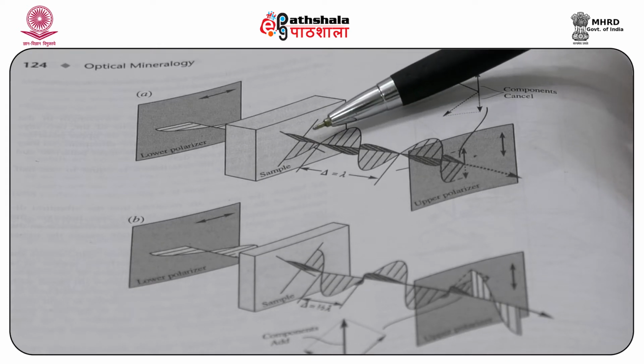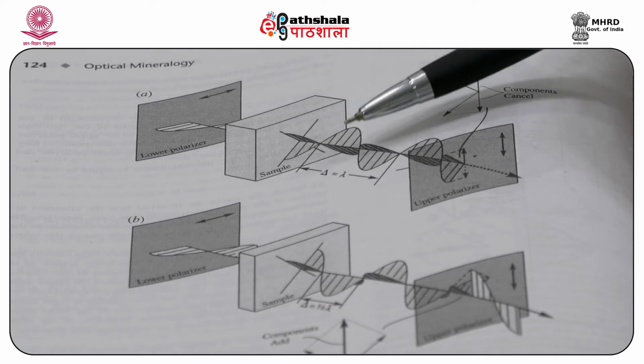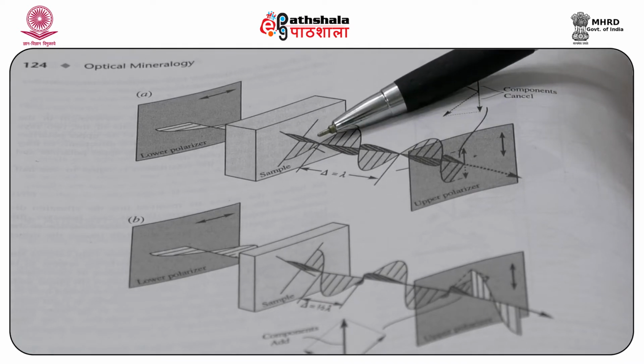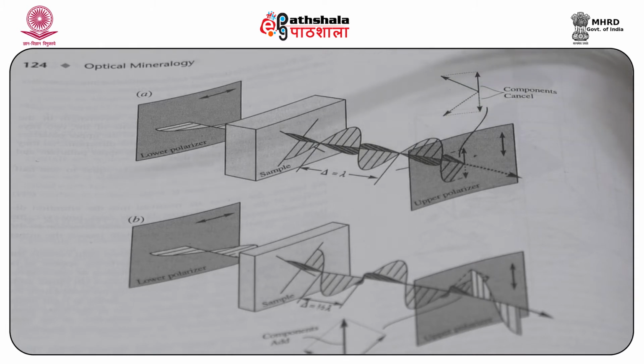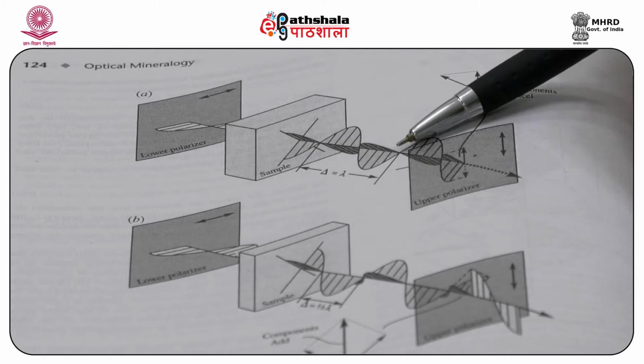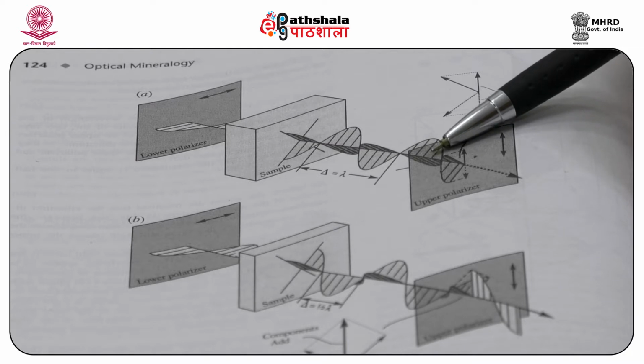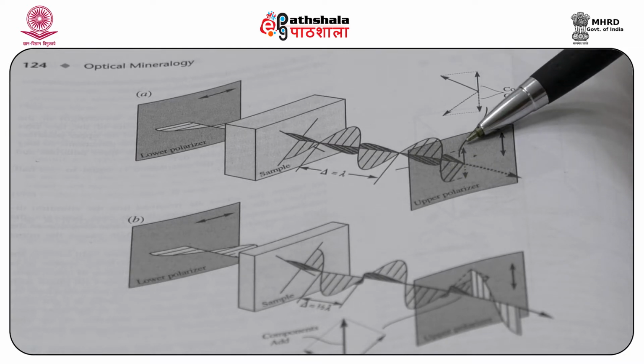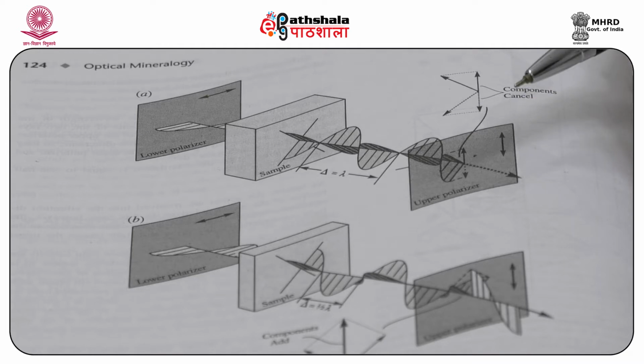If the retardation, the difference between the lagging of the slow ray and the fast ray, is equal to lambda, that is 1 unit wavelength, then on passing through the upper polarizer, they will be in opposite directions, and so they will get cancelled. No light will pass and the mineral will appear dark.